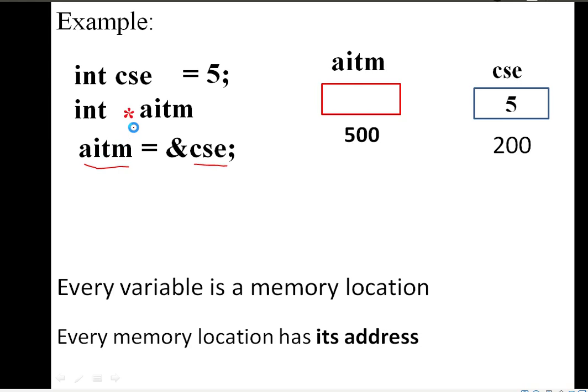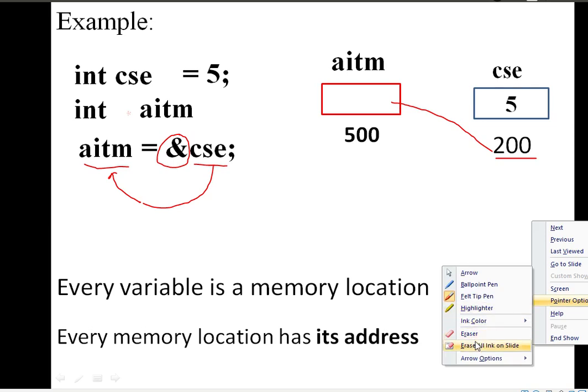What kind of special? It is a pointer variable. What are we assigning? We are assigning the address of the CSE variable. The CSE variable address is 200. It has to be stored in the pointer variable, that is AITM. This is a main concept, please try to understand.